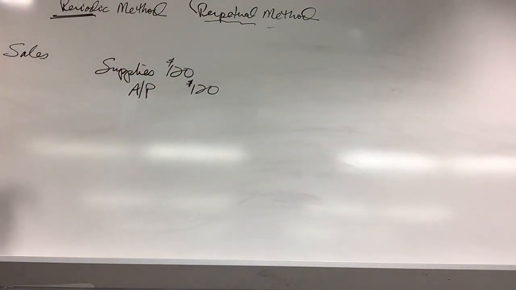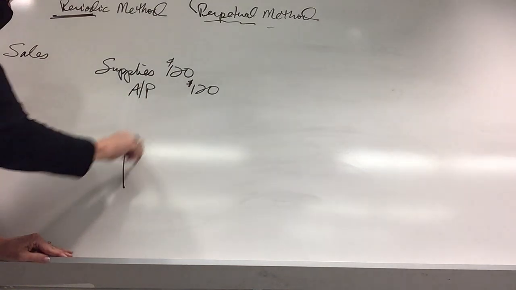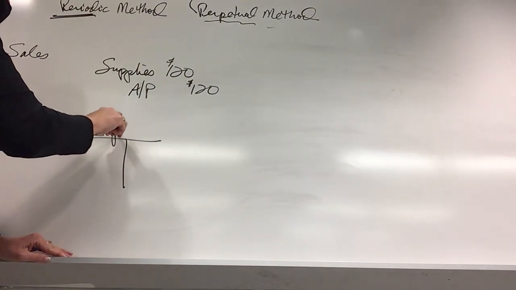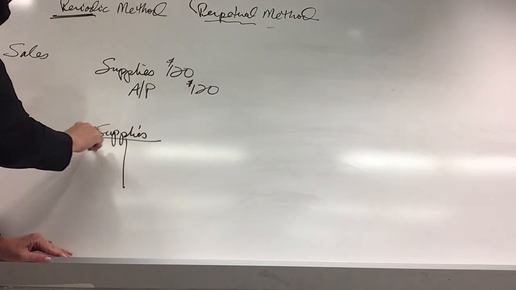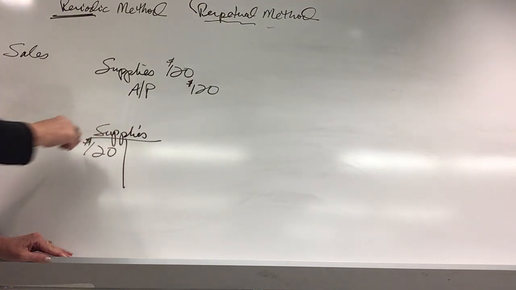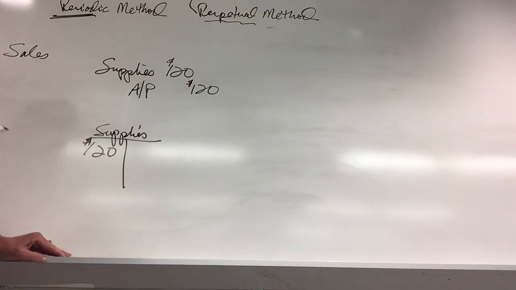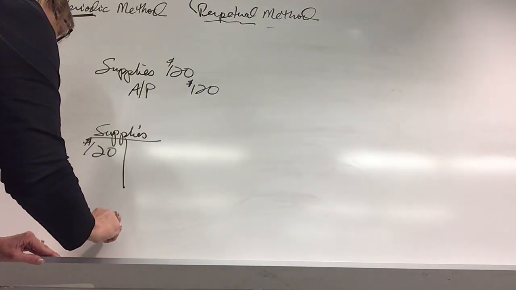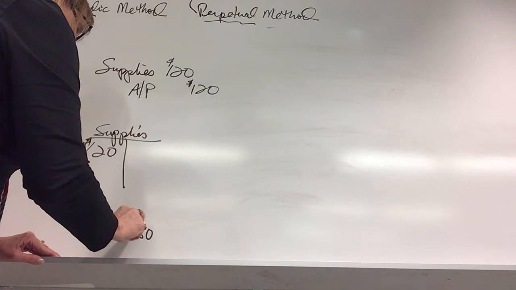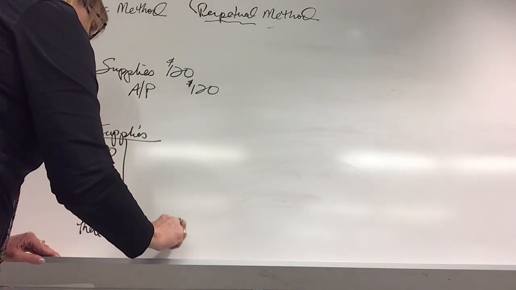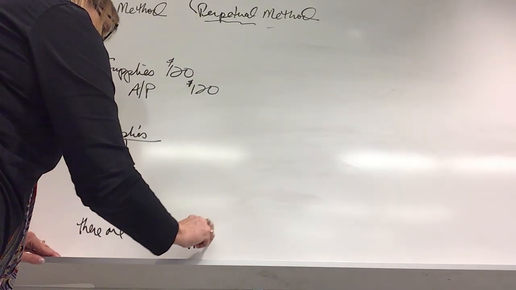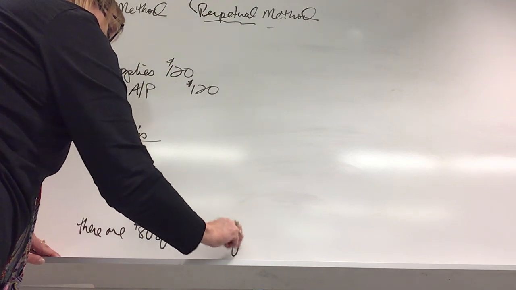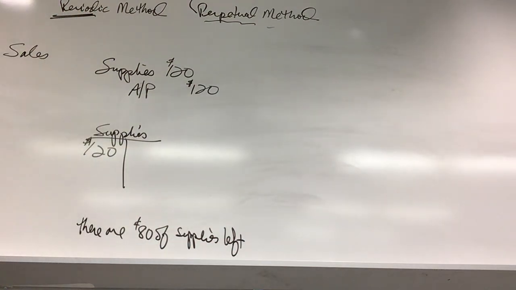So what we were doing in chapter 2, we would just put them in the supplies account. Then we'd post that in the supplies account of $120. Then at the end of the accounting period, when we were doing adjusting entries, we would say there are $80 of supplies left. Does that sound familiar? I hope. I did that on the exam, right?